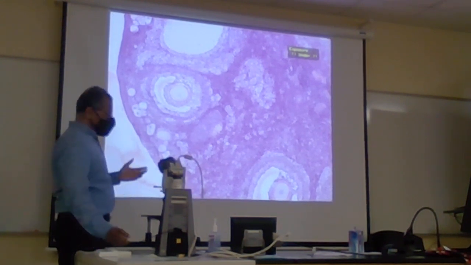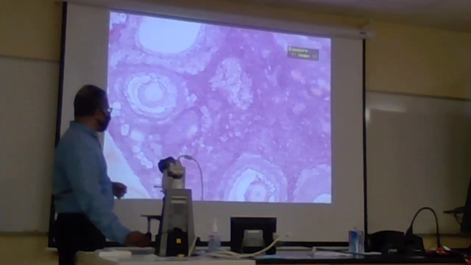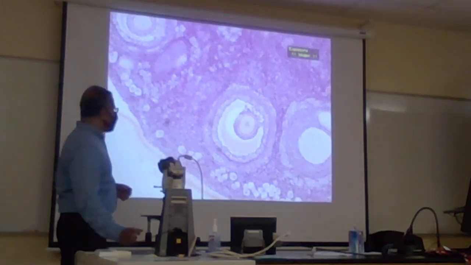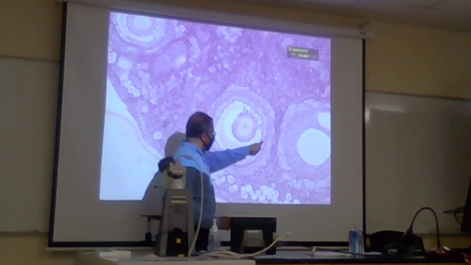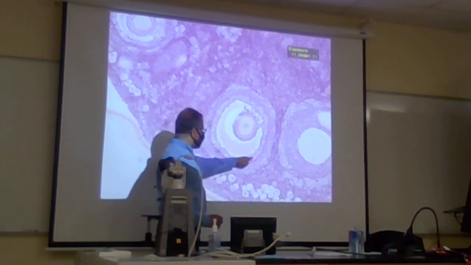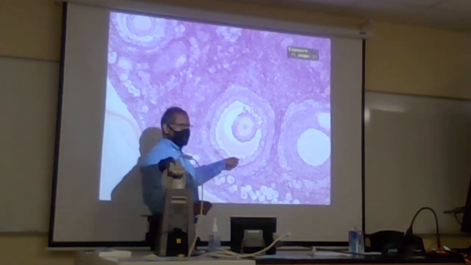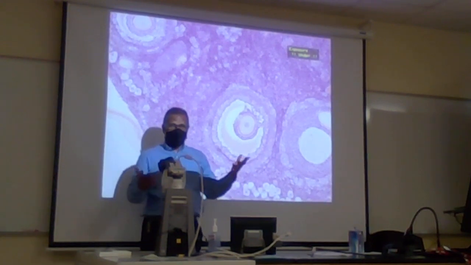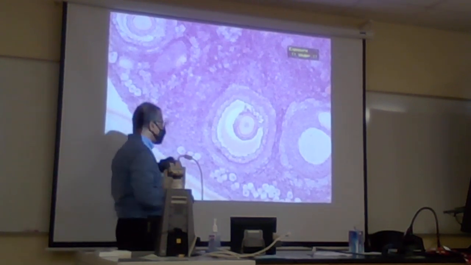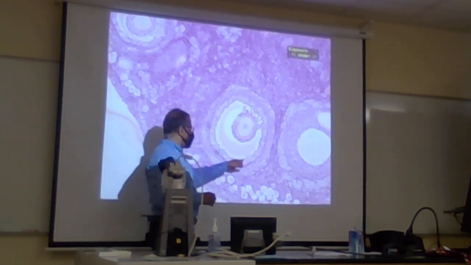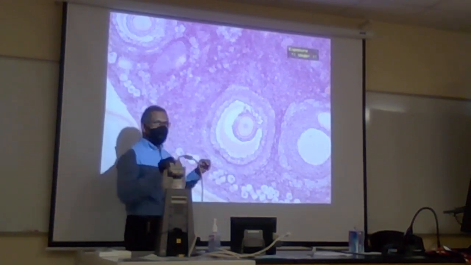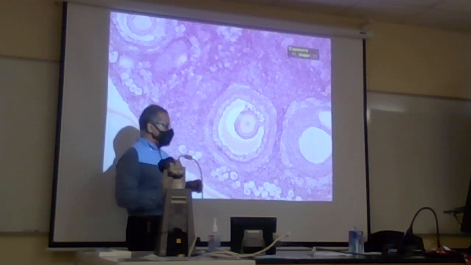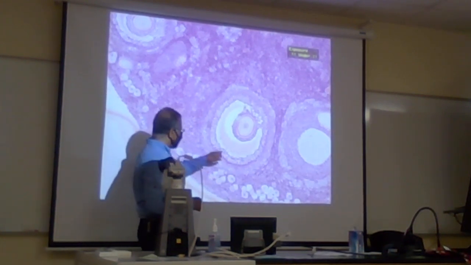Now let's show another slide so that you can look at that. If you look at this one here, what is this layer called? The granulosa layer, right? And this on the outside? The thecal layer. So thecal layer, granulosa layer.